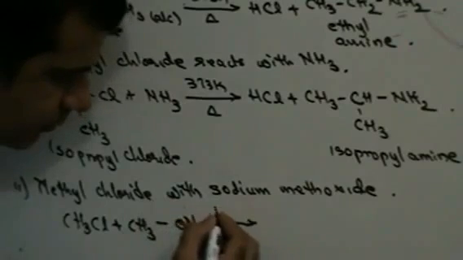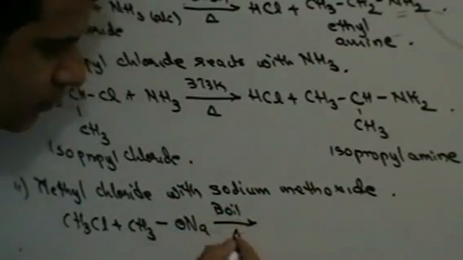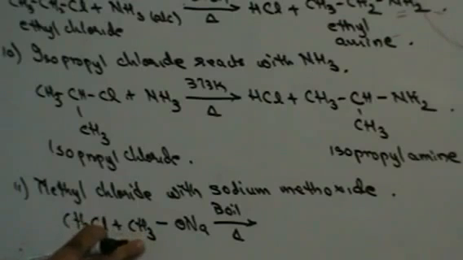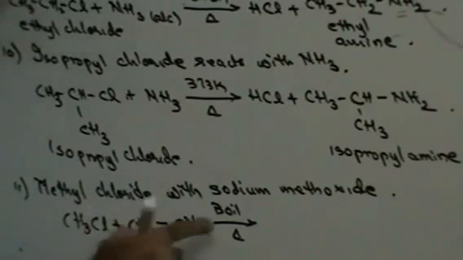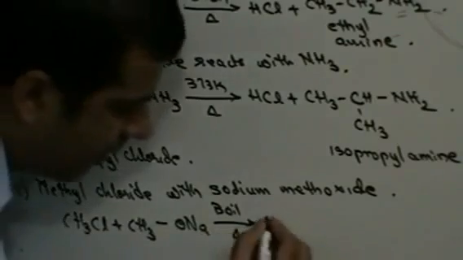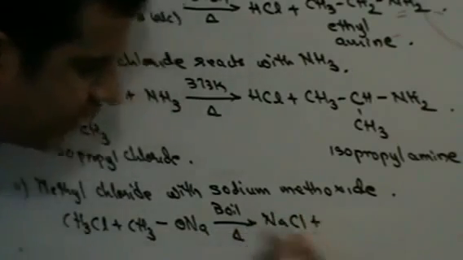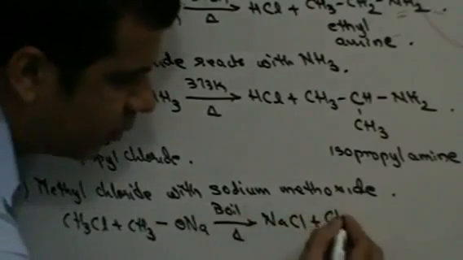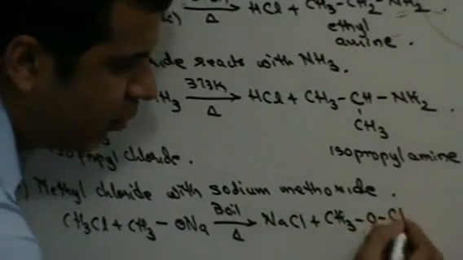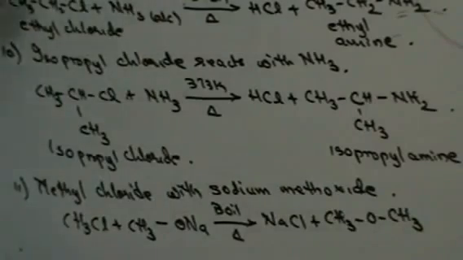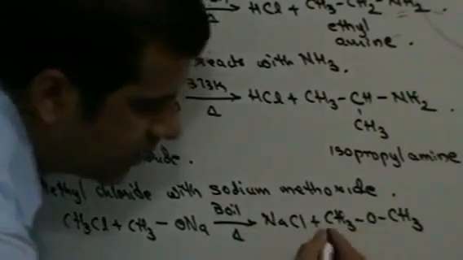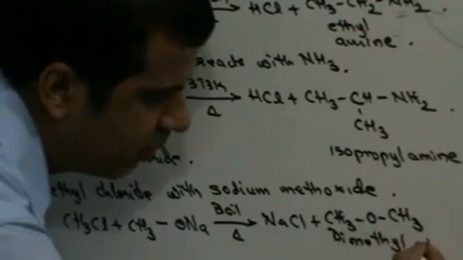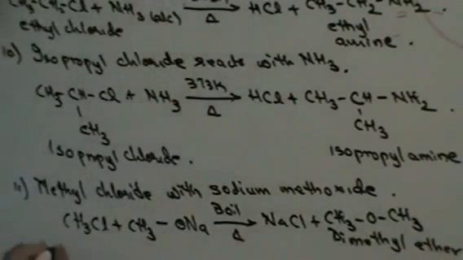Boil this, right? CH3 combines with another CH3. First of all, substitution. Sodium will combine with chlorine to give you NaCl. Once sodium chloride is gone, that is going to leave me with CH3OCH3, methyl, methyl. This is dimethyl ether, oxygen in between, right?